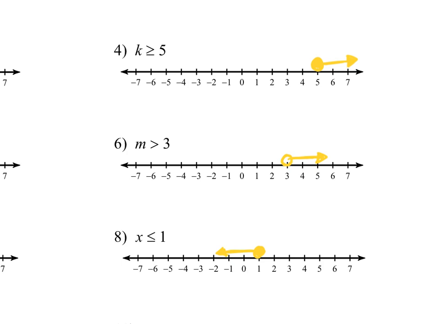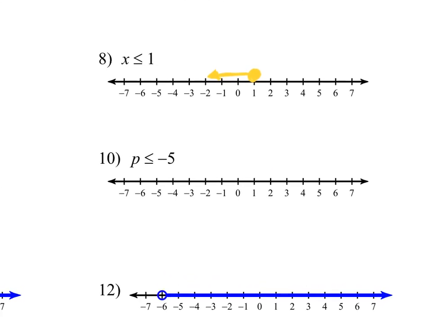It is very possible for that. Okay. All right. Here, you've got p is less than or equal to -5. So you're going to have a dot on -5. But here, it's pointing to -5, so you need to go the opposite way, which is to the left, because everything needs to be smaller than -5.